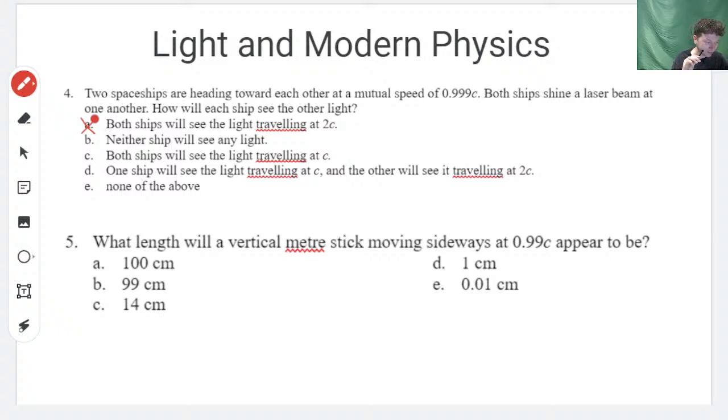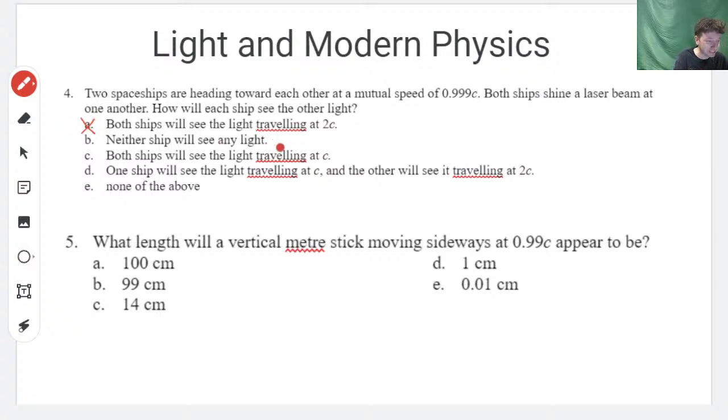It might have been Maxwell. Then Einstein used that along with Lorentz's mathematics to realize that you have things like time dilation and length contraction. But back to the point, the speed of light is always c in all frames of reference. So it's not going to be traveling at 2c for anybody.